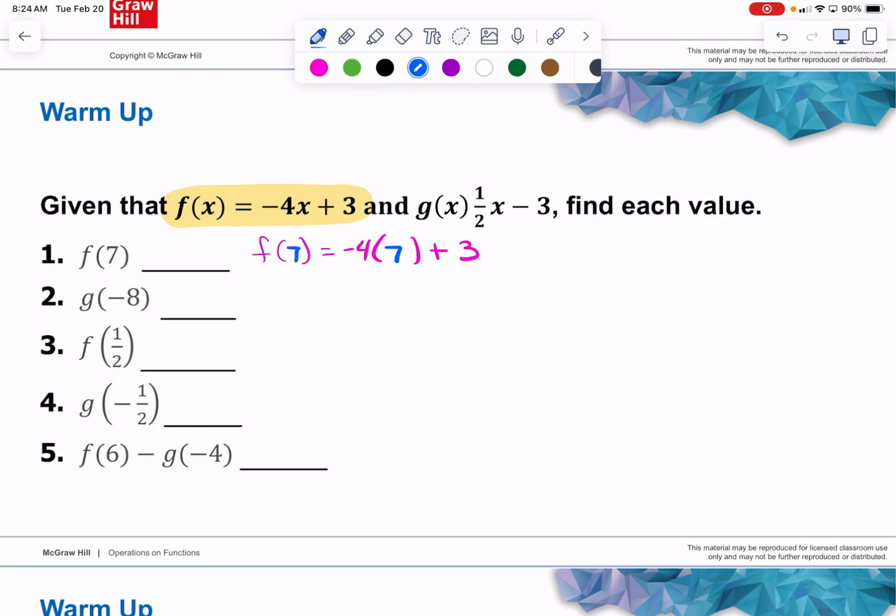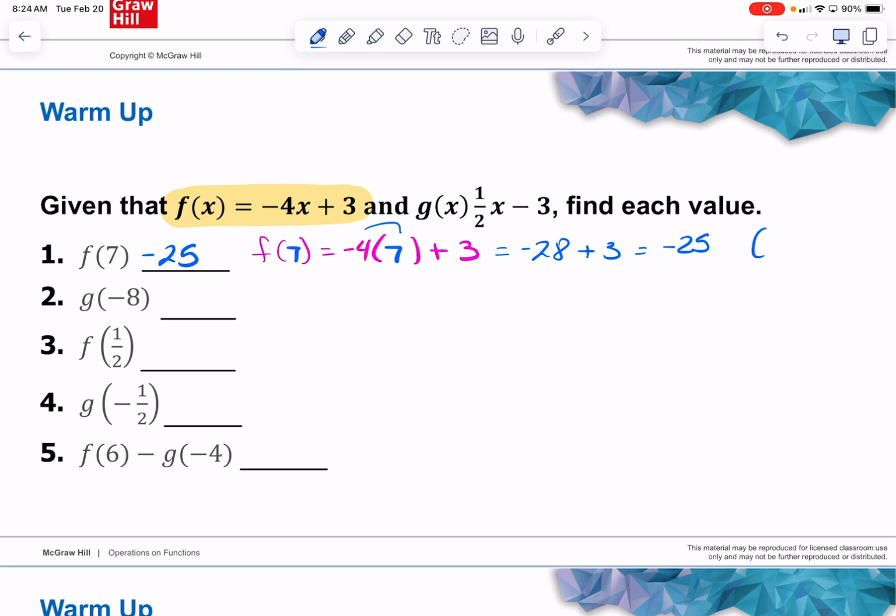And then we just simplify. Negative 4 times 7 is negative 28, plus 3 should be negative 25. So f of 7 is negative 25. If I were to graph this, this would be the point 7, negative 25 on the graph of negative 4x plus 3, right?